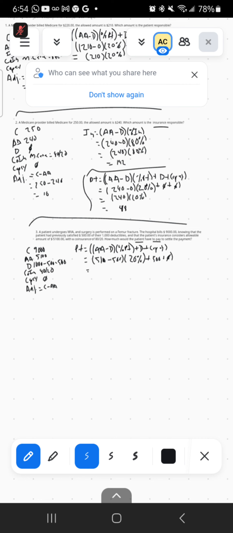You plug it in the calculator and it's $4,600 times 20%, and all of that plus 500.